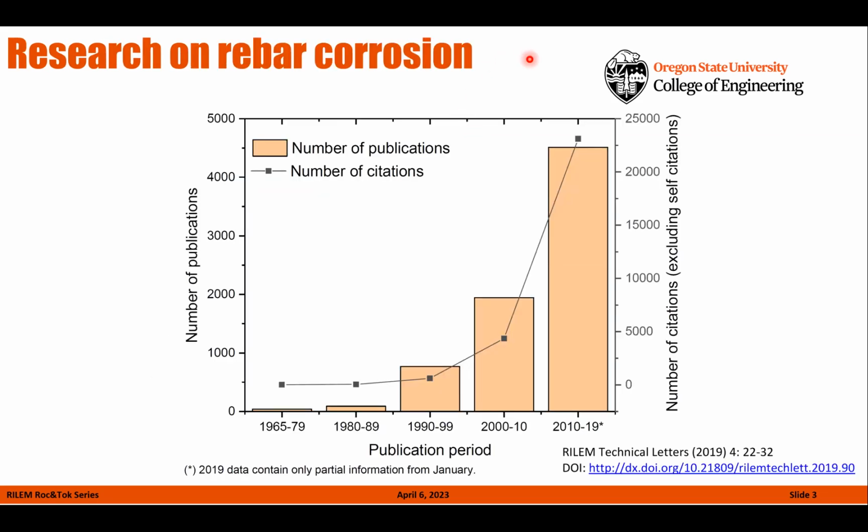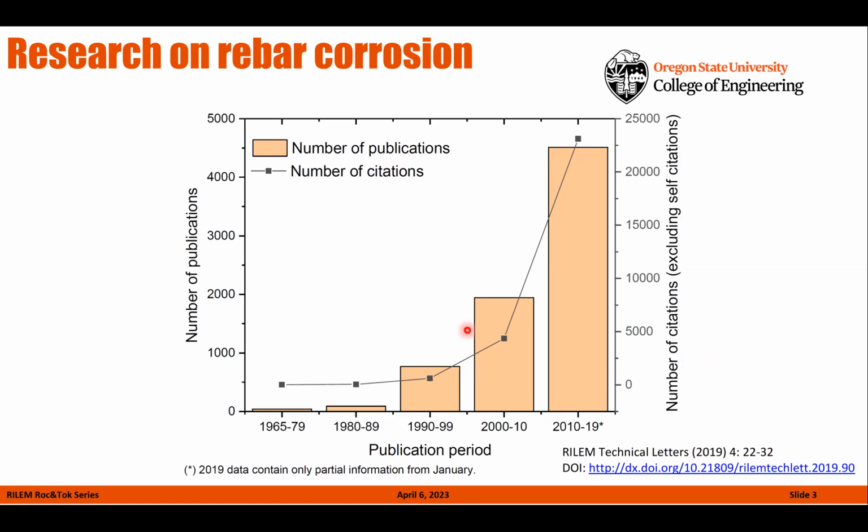If you look at the literature on research on rebar corrosion in concrete, you will see that in the last 3 decades, we have seen an exponential increase in the number of papers, publications, and corresponding citations.